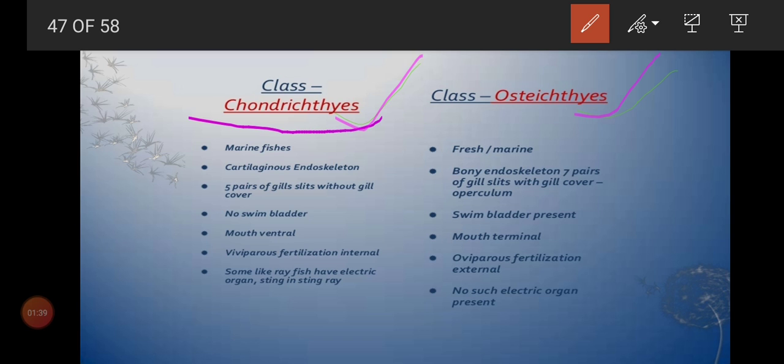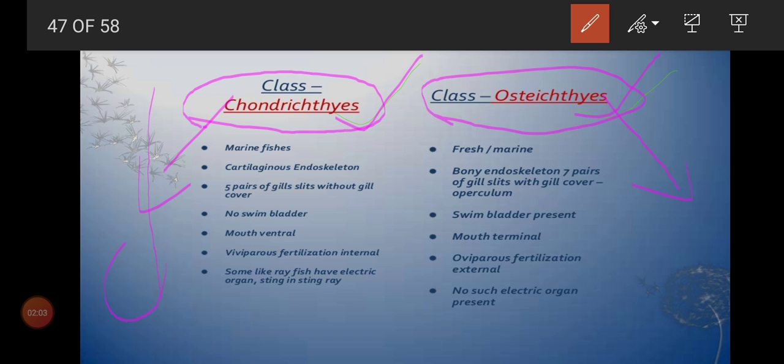All Chondrichthyes fishes are cartilaginous. All Osteichthyes fishes are bony fish. That is the main difference. First you want to remember it in your mind. Chondrichthyes and Osteichthyes both come under the fish group only, but all Chondrichthyes are cartilaginous. C for C, cartilaginous.